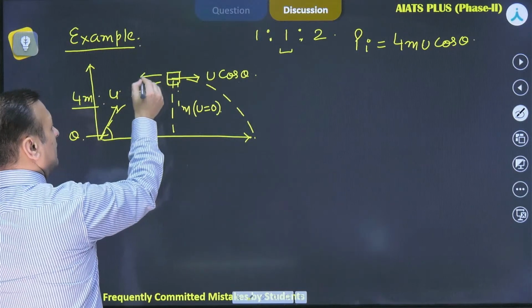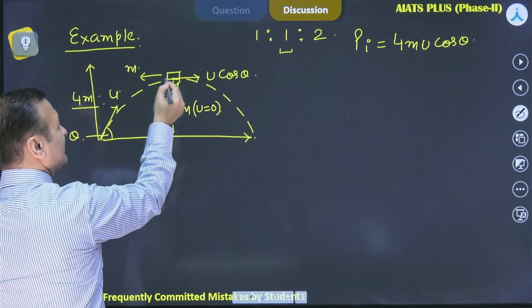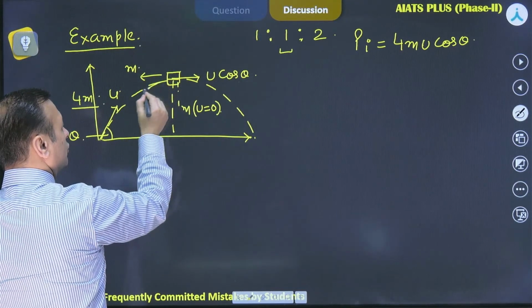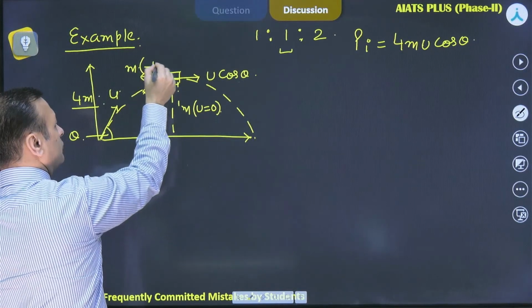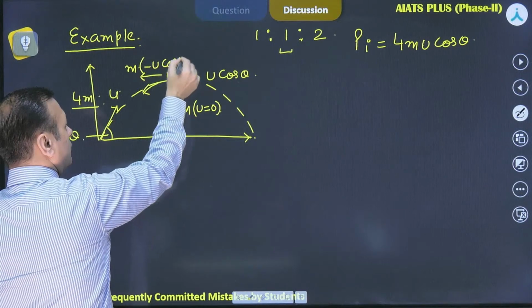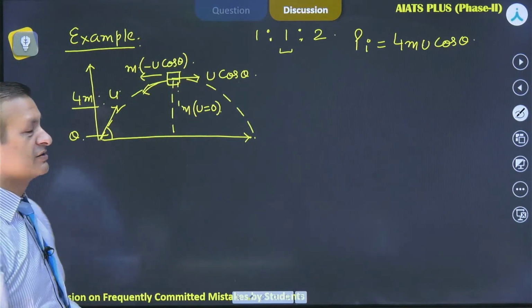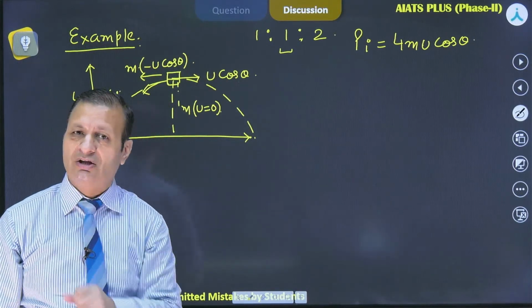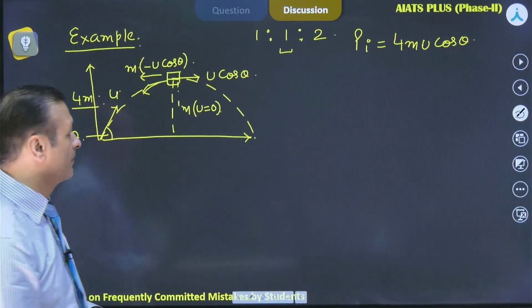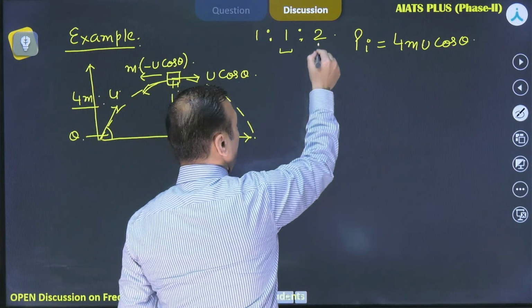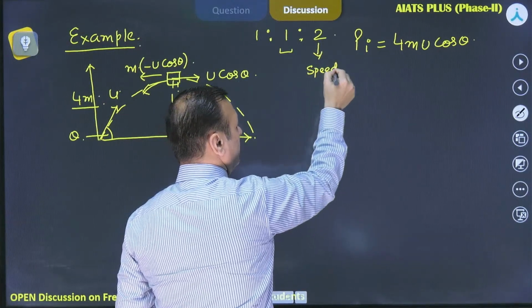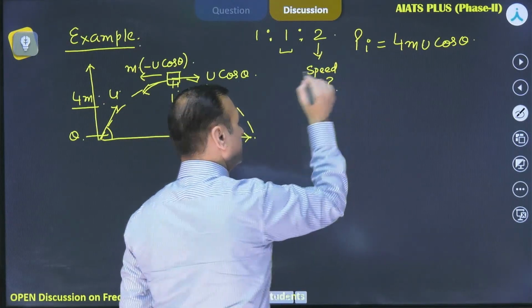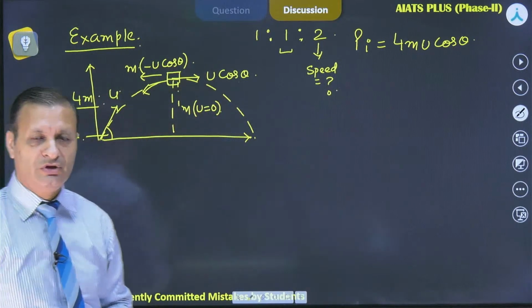So this particle m retraces, so it continues to follow the same path, which is possible only when it is moving in the opposite direction. So we have to find out the speed of this part. You got the situation?